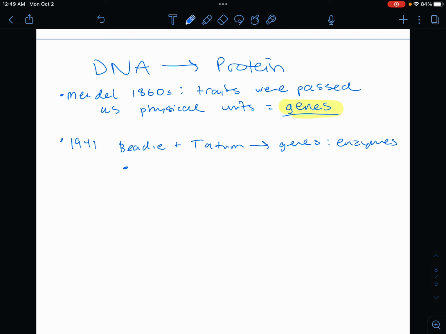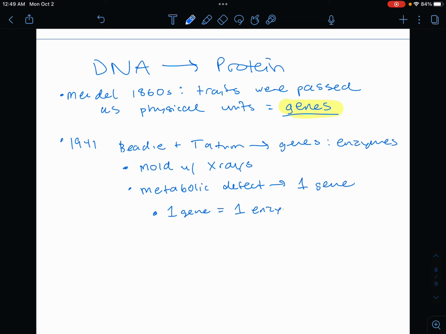And how they figured this out, they treated mold with x-rays, and there was a metabolic defect in this strain of mold, and this defect was inherited from a single gene. So therefore, we now have the one gene equals one enzyme as the hypothesis.